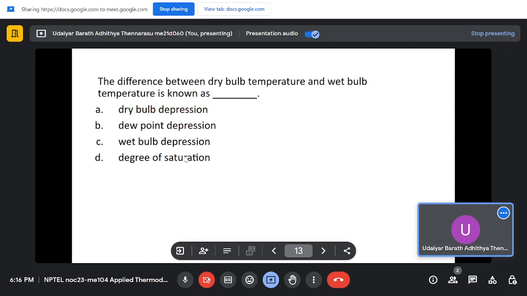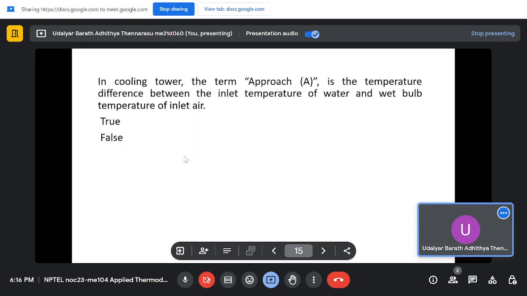Next question is, the difference between dry bulb temperature and wet bulb temperature is known as dash. So it is called wet bulb depression. The next question is, in a cooling tower, the term approach is the temperature difference between the inlet temperature of water and wet bulb temperature of inlet air.